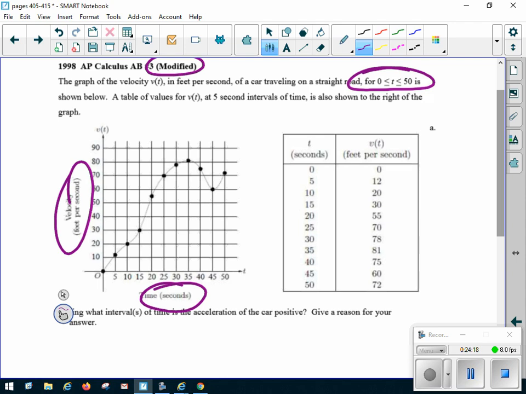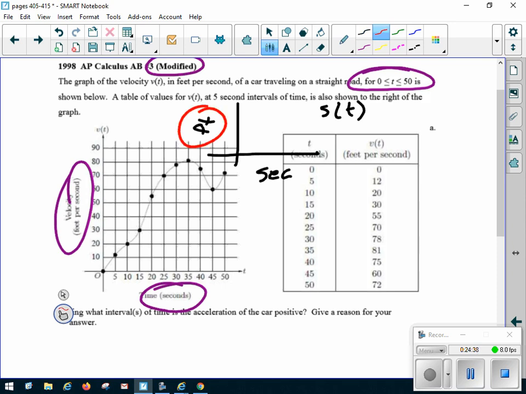I started to show you this earlier and then I changed my mind, but I'm going to do it now. If this is a position graph, and this would be your time, in seconds, and this would be feet, your distance. What if I do this and this?